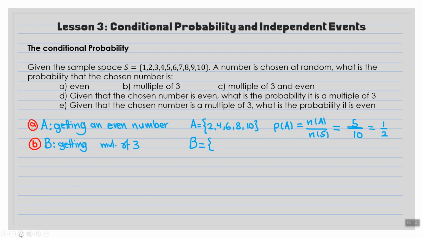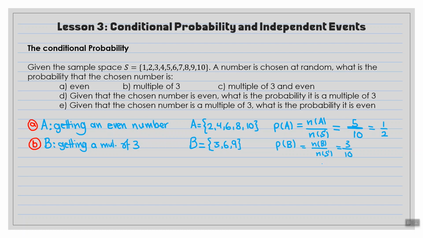Now if you look at the set carefully, you will notice that the multiples of 3 are either 3 itself or 6, or 9. So what is the probability of getting a number that is a multiple of 3? It's the number of elements inside of B over the number of elements inside of S, and that is 3 over 10, which cannot be reduced more.